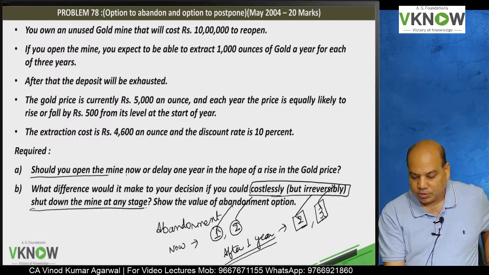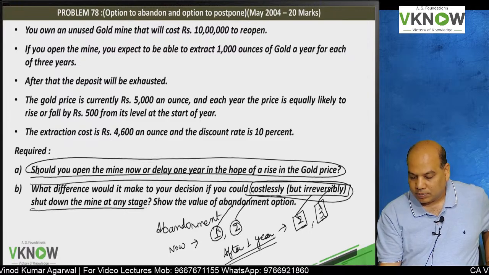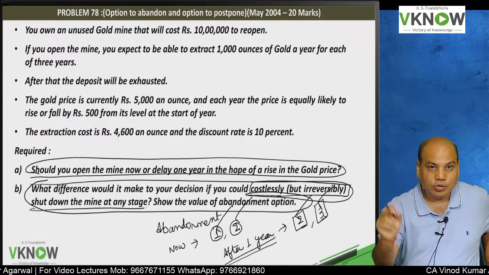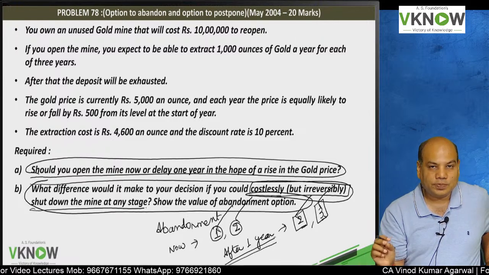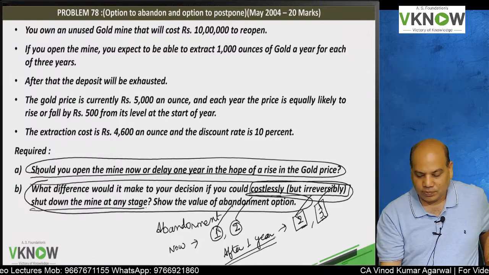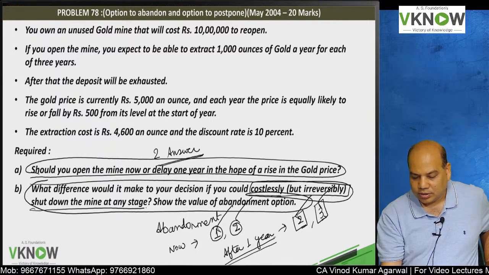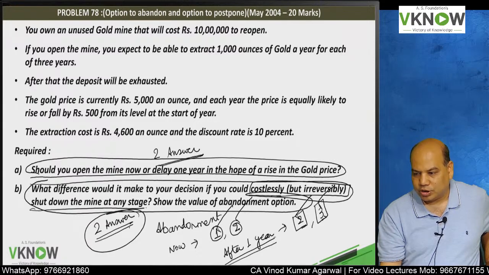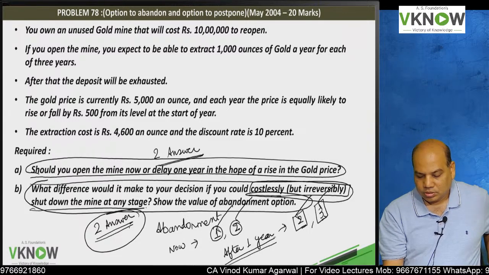Here we are computing NPV without abandonment option. Here we are going to again compute NPV with abandonment option also. Again we are going to compare now versus later and choose the option which has higher NPV. So we will have two answers here, now versus later, but here we have also one abandonment opportunity, and the decision will be based on the highest NPV.